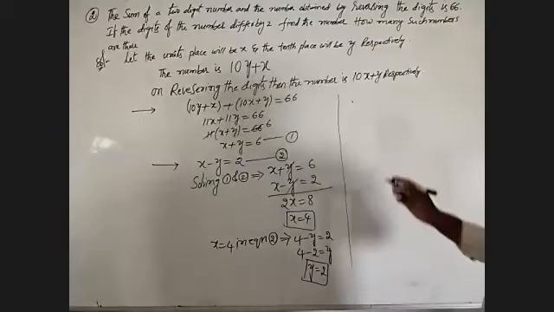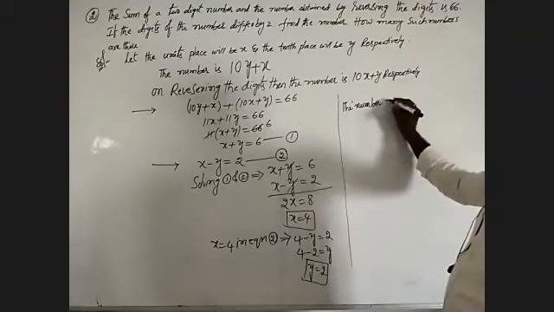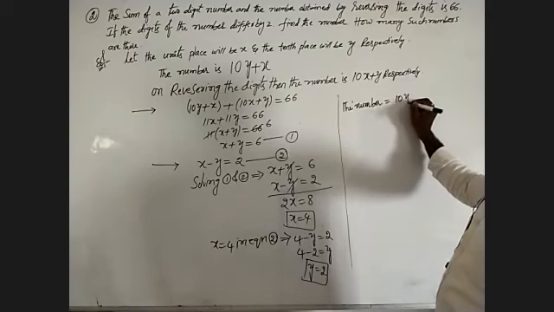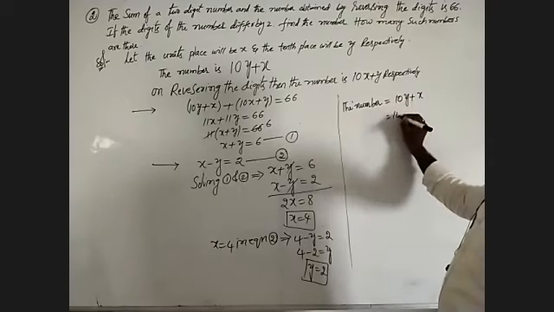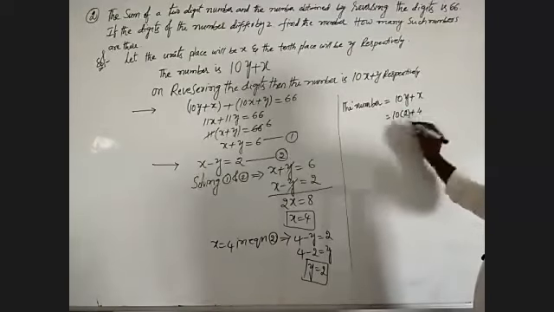First, the number is equal to 10y plus x, that is 10 into y, where y becomes 2, and after that x becomes 4.